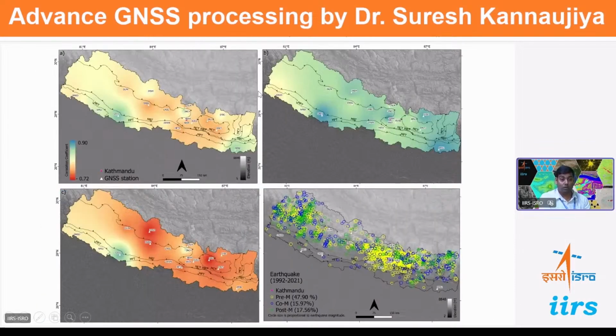And also you can see here the correlation between the displacement and the loading. So you can see in the east component, the loading effect is very less, but in the north component, the loading effect is somewhat prominent as compared to the east component. And in the vertical component, the loading impact is very, very high.